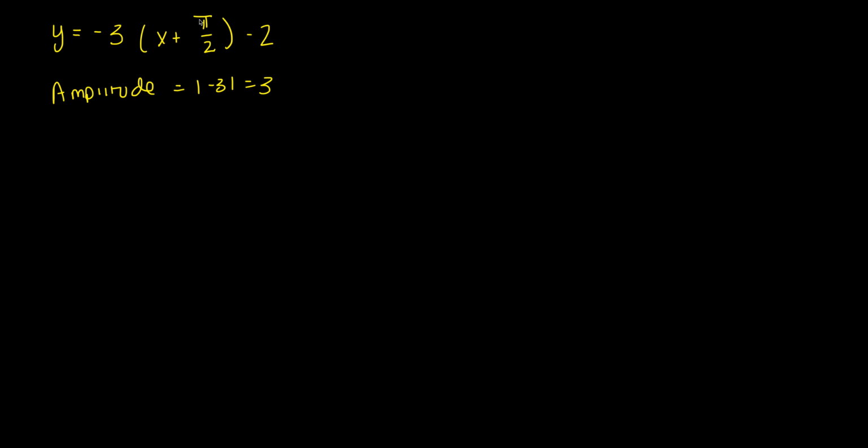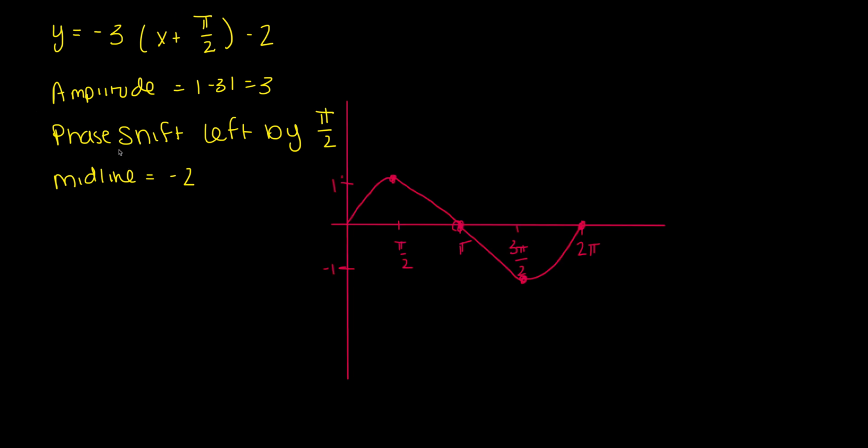We don't have a period, but we do have a phase shift of left by pi over 2. And then our midline is down 2. Our vertical translation.